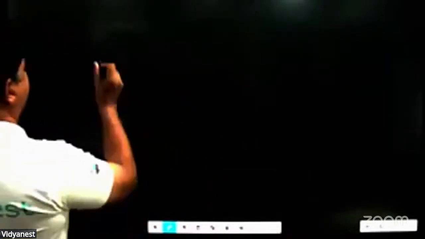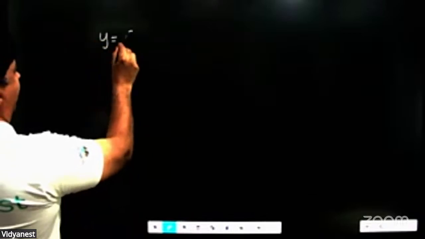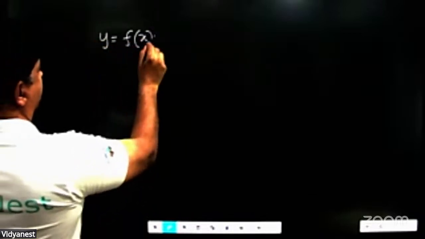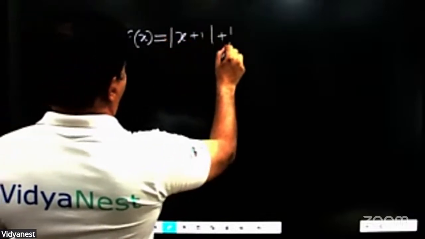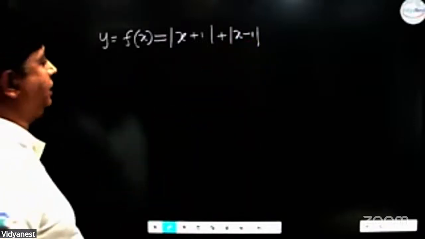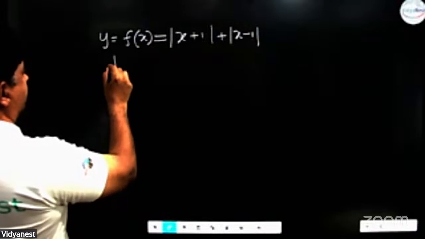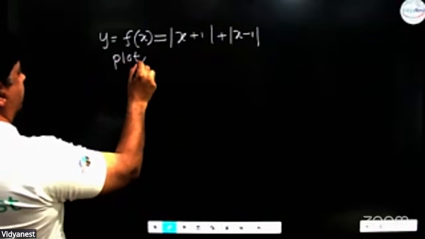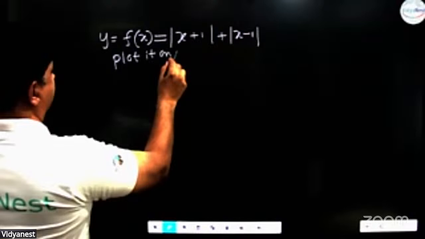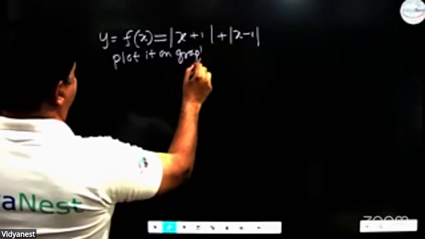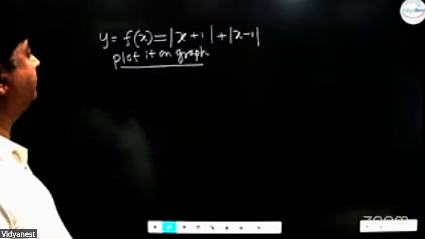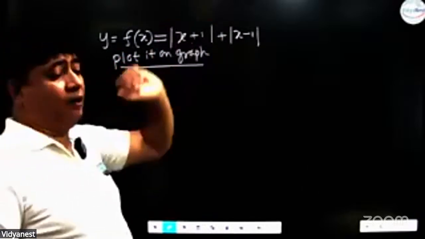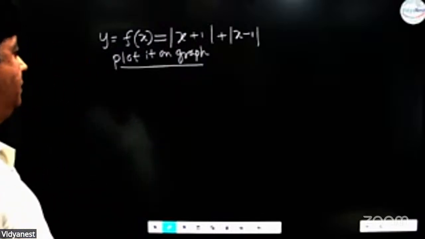If you get a function like this, and if you are told to plot it on graph, then what will you do? Here we have seen composition of two modulus function.